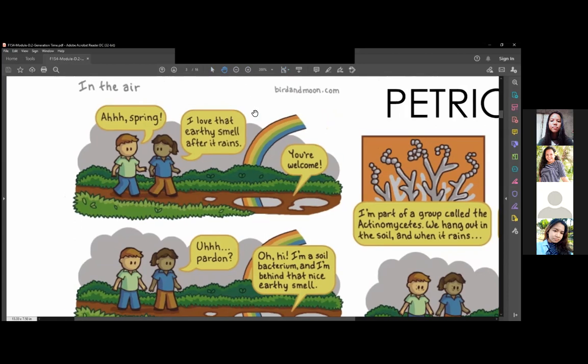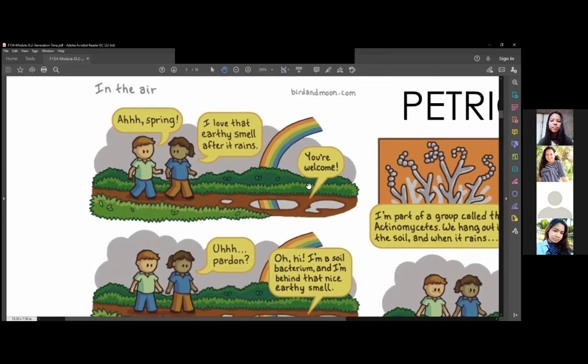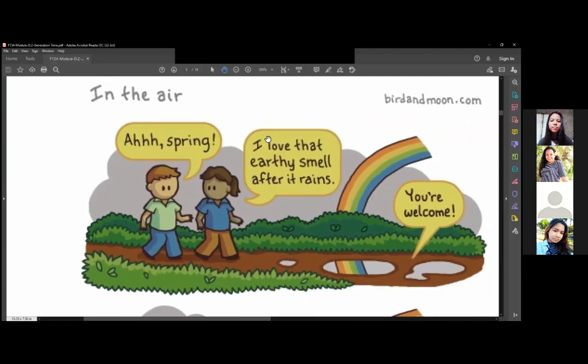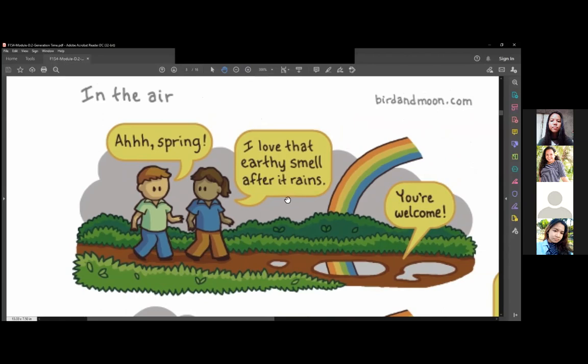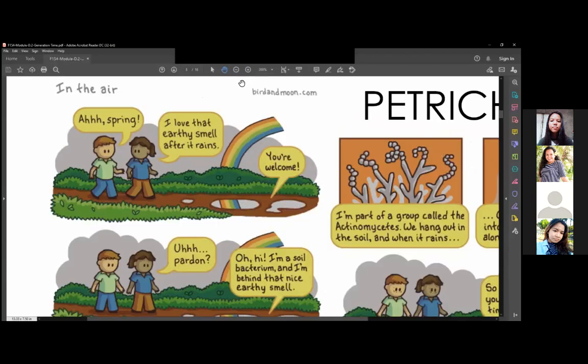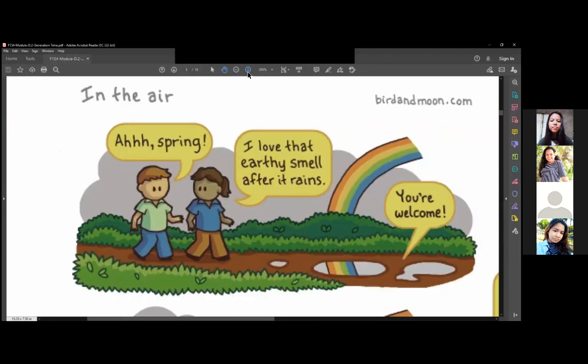1, 2, 3, action! Hina daw ma'am ang net ni Riza. Okay, ready na?